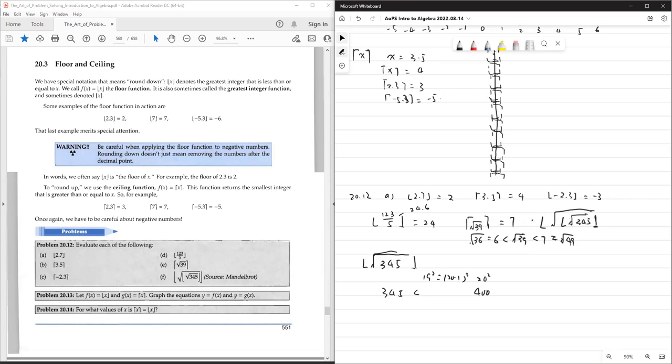19 squared equals 20 minus 1, squared. If you remember, earlier we learned the factorization. So this is 400 minus 2 times 20 times 1, plus 1. So this is 401 minus 40, so this is 361.